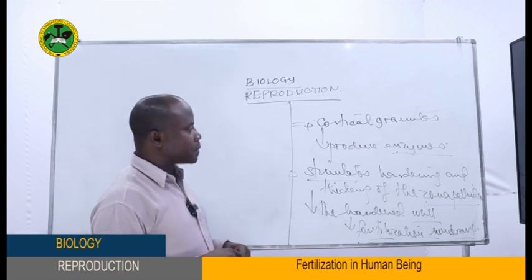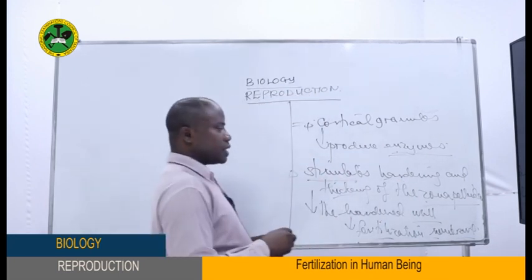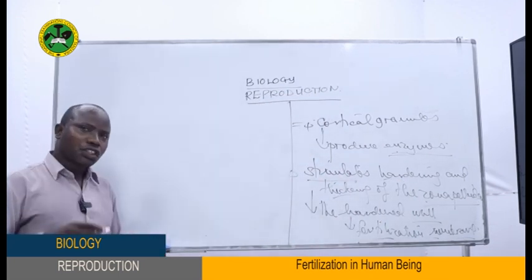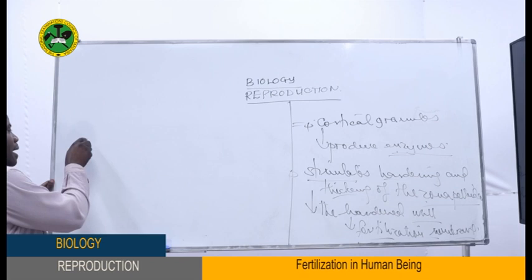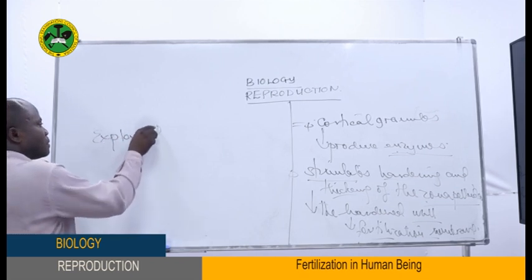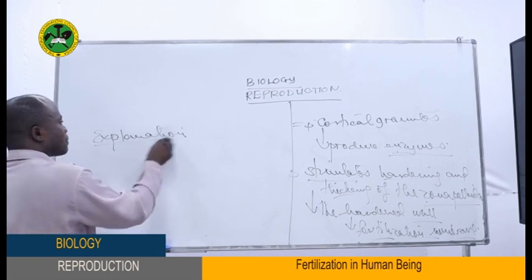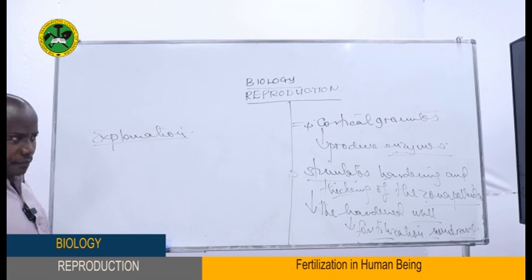You'll have to explain the role of the enzymes in hardening and thickening of the zona pellucida. By so doing, you'll have responded correctly to that question. But part B requires the explanation of the importance of the fertilization membrane.